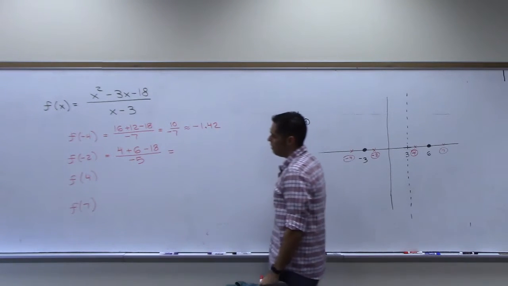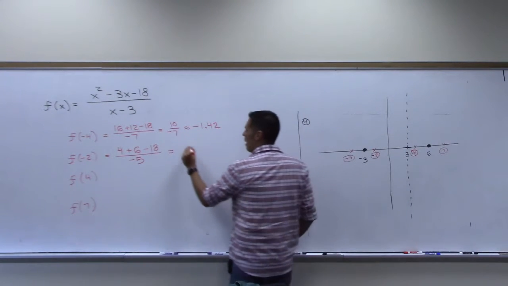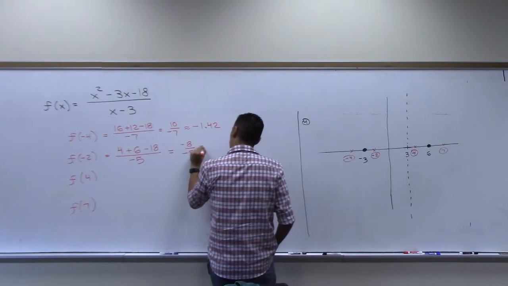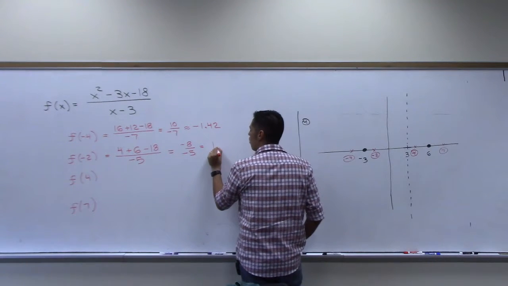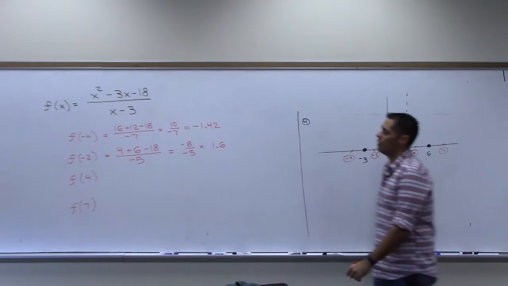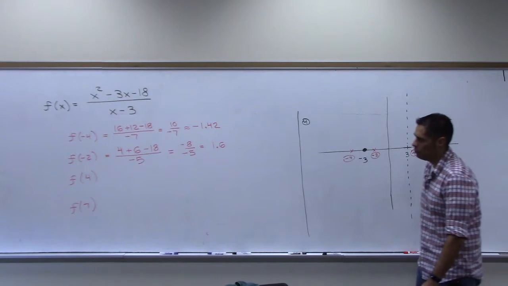Equals, let's see, top is 10 take away 18, -8 over -5. Negative divided by negative is positive, so this is going to be 1.6 exactly. And you continue.